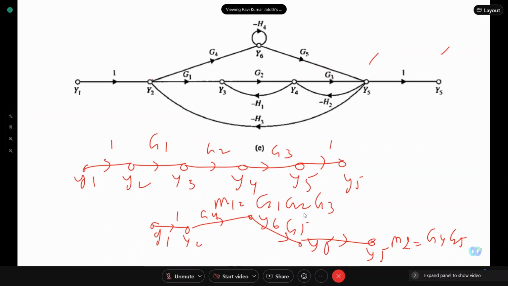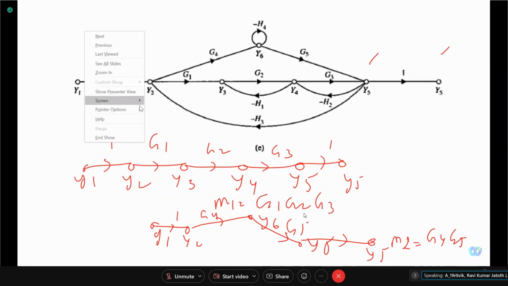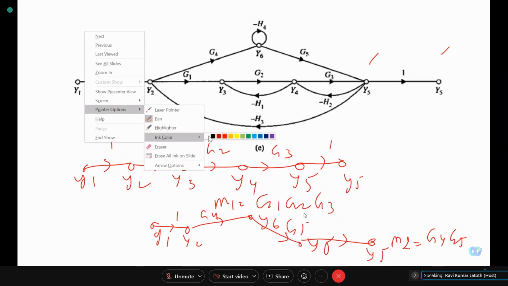Yeah. So delta, how many loops are there? Sir, 5 loops, sir. Total 5 loops. So now let's do it once with color, so that everybody will be benefited.